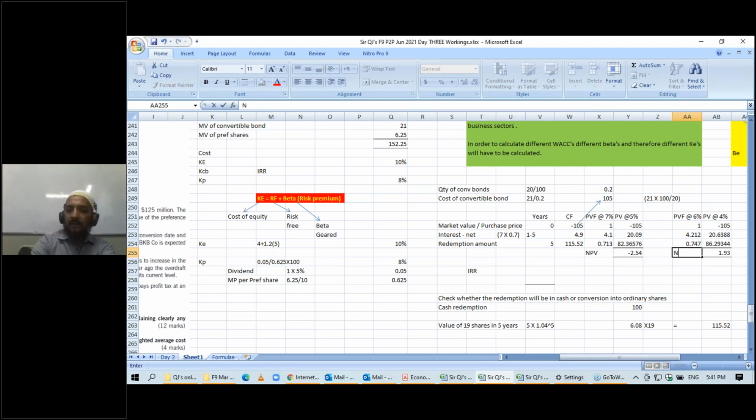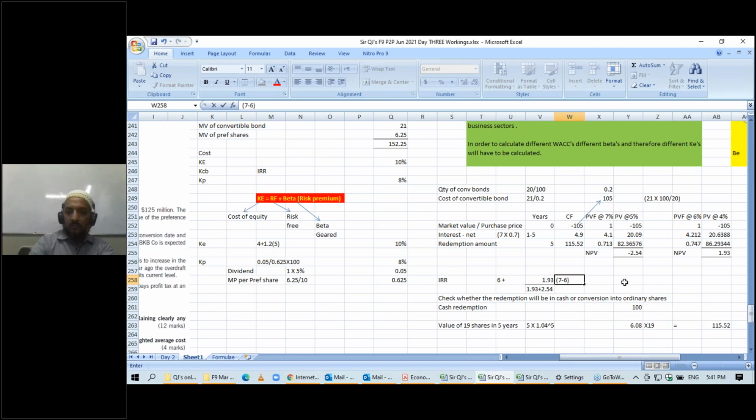The lower and the higher NPV, the lower and the higher rate. So we'll be putting in the formula. The lower rate is 6% plus the NPV at the lower rate, which is 1.93, divided by 1.93 plus 2.54, multiplied by 7 minus 6.